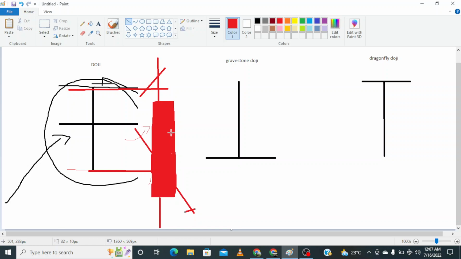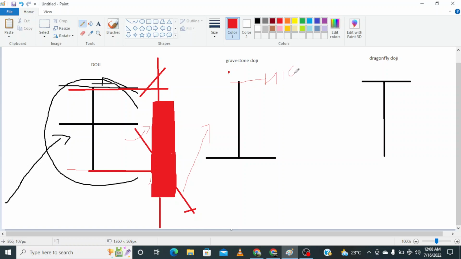Okay, and then gravestone doji, this can be seen as the same. Mostly this type of candle is seen after a bull run. You can clearly see it, right? The market opened exactly here, went up till here, made a high, but couldn't keep up.